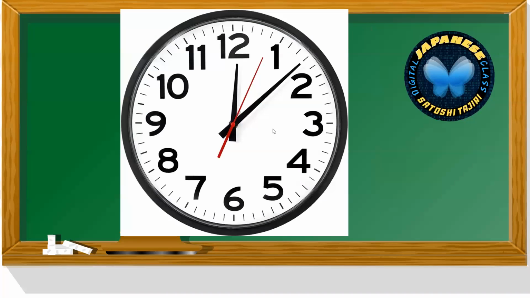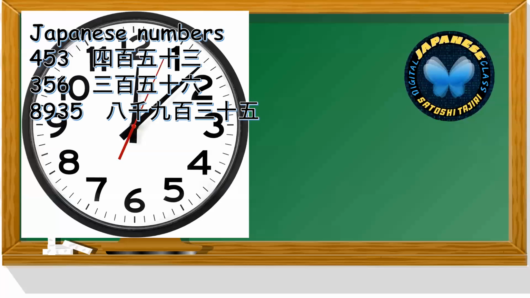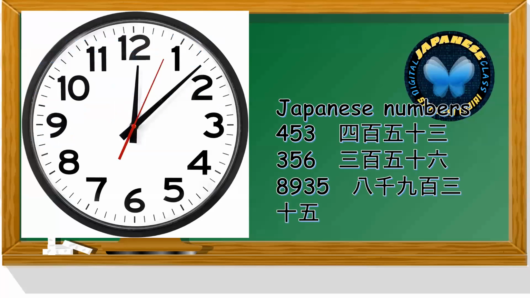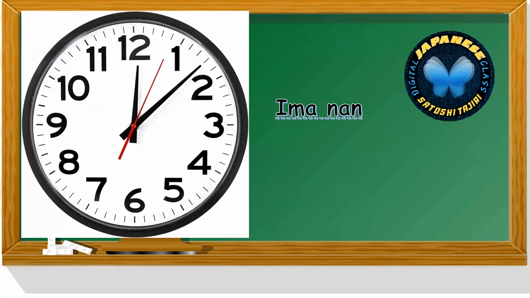Okay, so in this case, we have our time. If I'm going to ask for the time, I'm going to use ima nanji desu ka? It means what time is it now? Ima means now. Then nanji is what time.